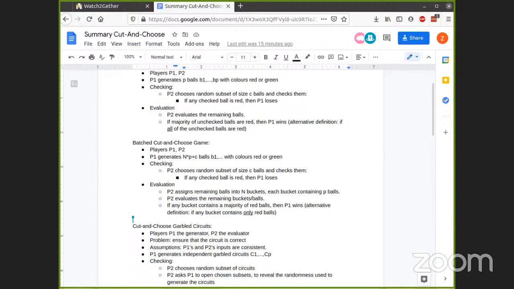No, the circuit itself. The idea of a garbled circuit is that there are encryption keys for each of the... Of course. Yeah. Thank you. So you reveal only the keys for the circuits to be checked, and you check them, and you will never reveal the keys for the remaining ones.